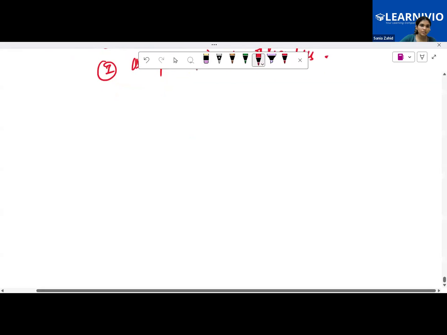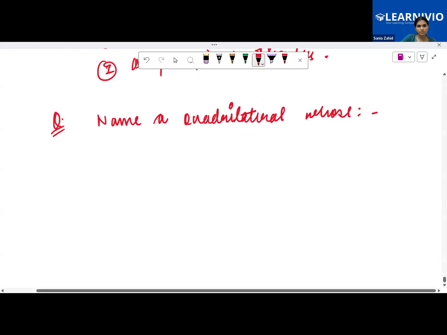Now I'll give you a question regarding diagonals only. You have to tell me a quadrilateral whose diagonals: A, bisect each other.